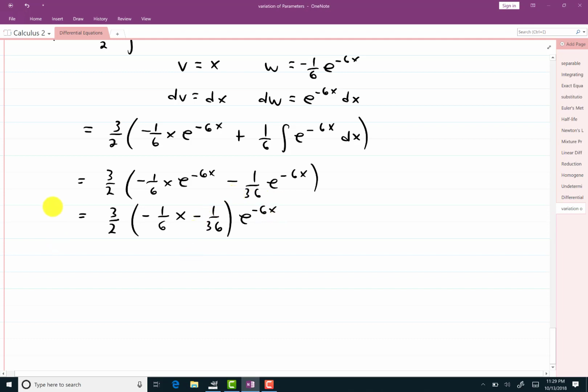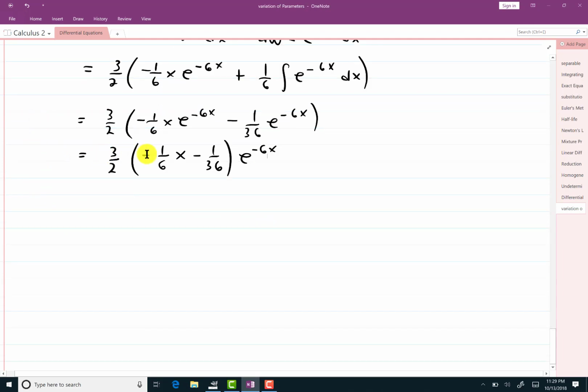And let me multiply it through. If I multiply it to this, I'll get negative 3 over 12, which will be negative 1/4 x. And then in this part here, I'll have 3 over 72, which will be 1 over 24.